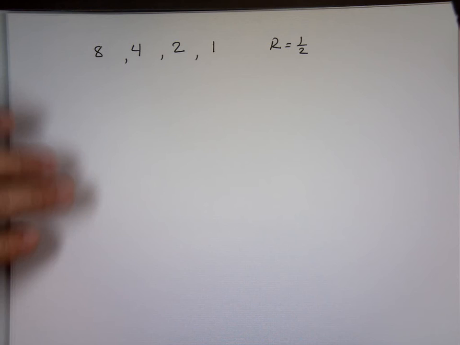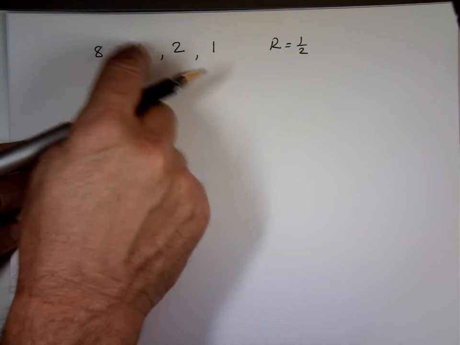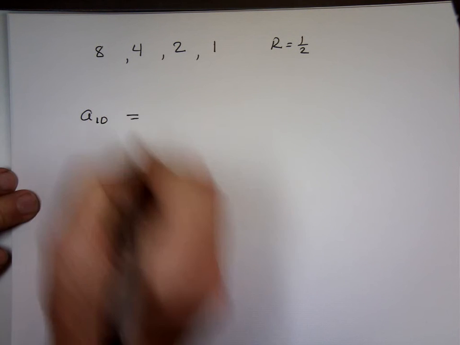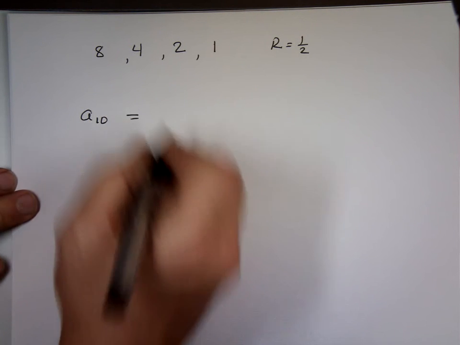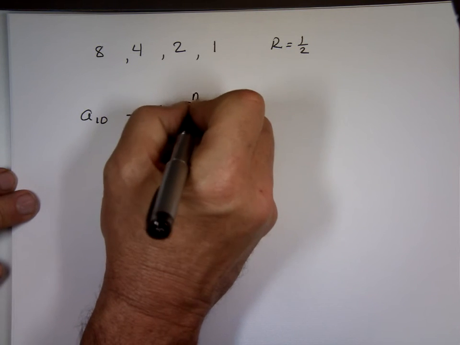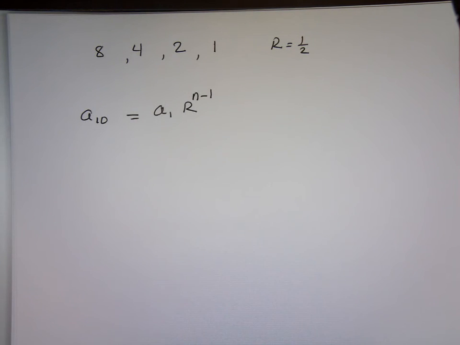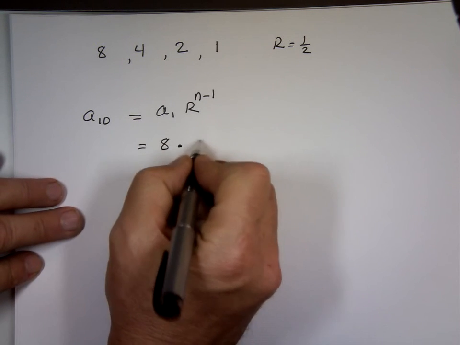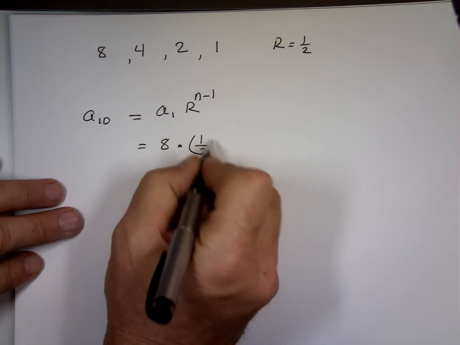That's my fourth number: 1, 2, 3, 4. If I want to find my 10th number, I got it. Which is what? a1 times r to the power of n minus 1. Eight times, what's r? 1/2 to the power of 9.